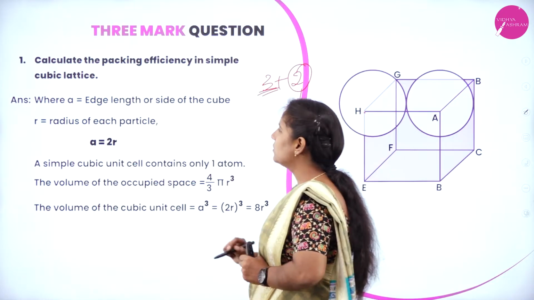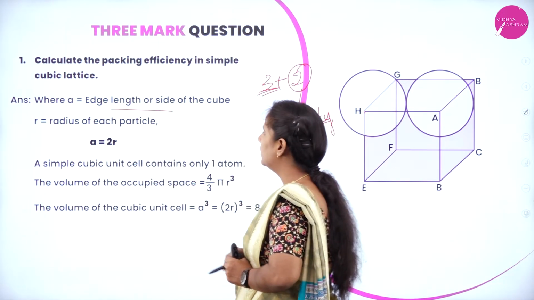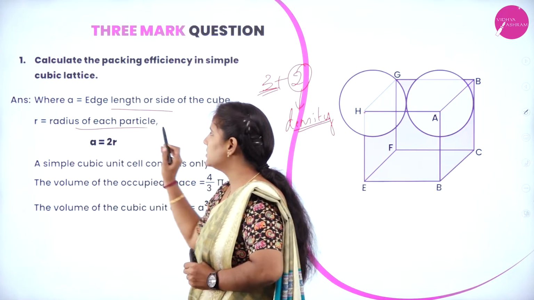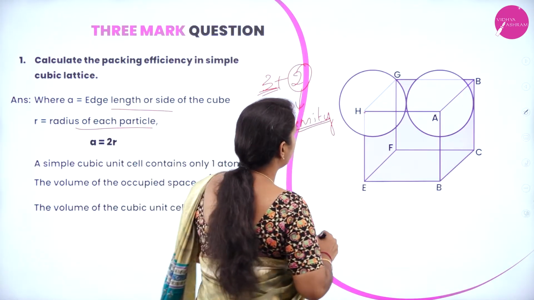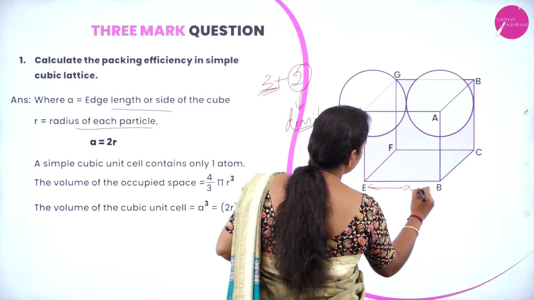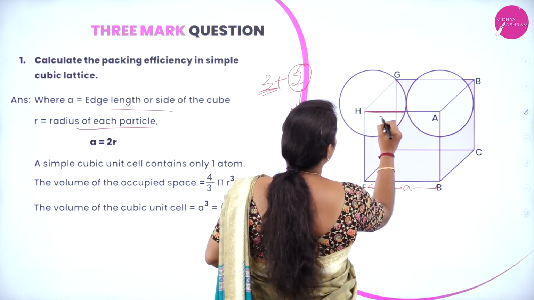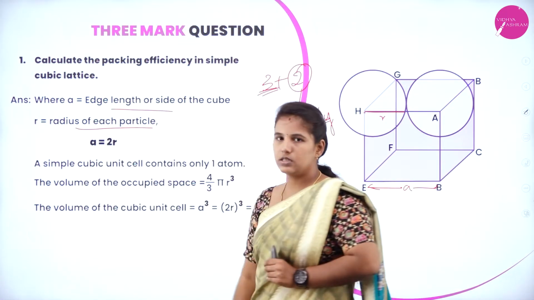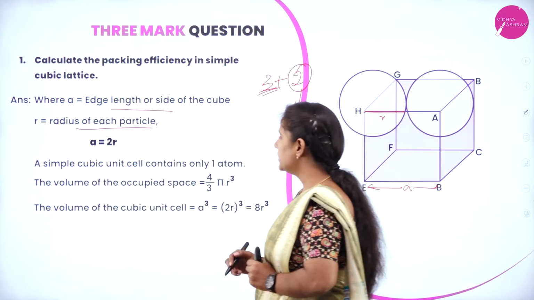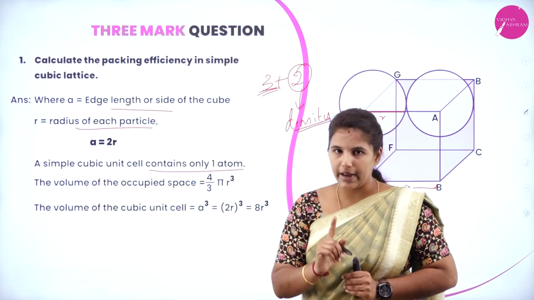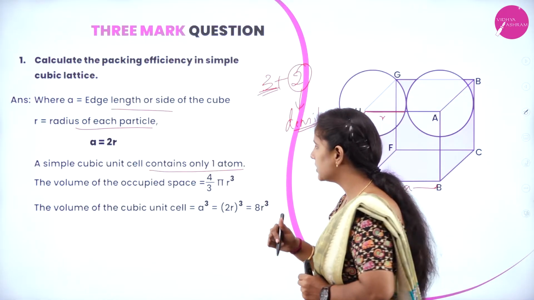Here A is the edge length or the side of the cube, and r is the radius of each particle. You can consider A as the edge length, and r as the distance from the center of the nucleus to the outermost surface. A simple cube contains how many atoms? Only 1 atom, as we have already discussed.